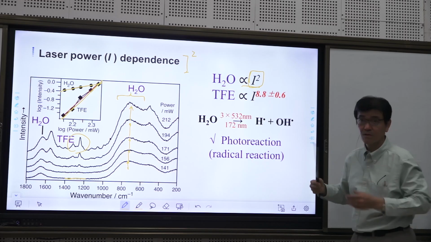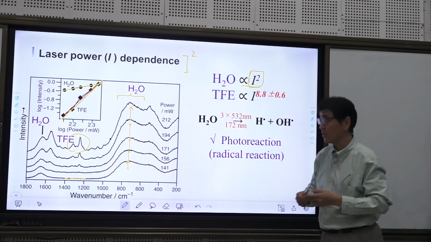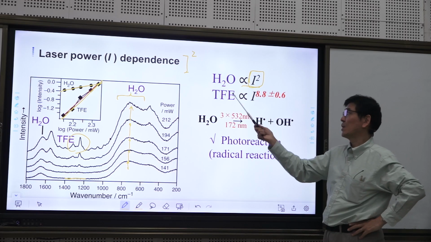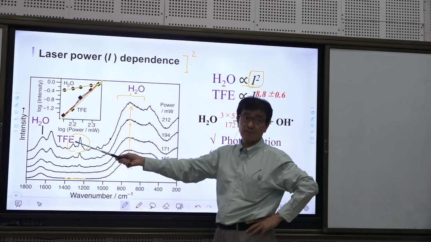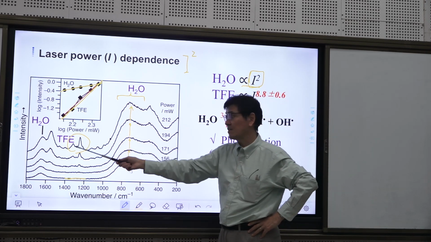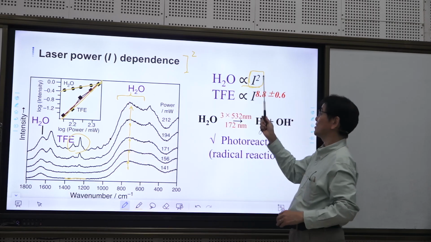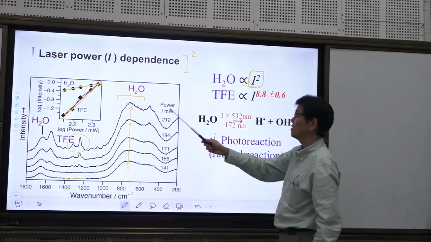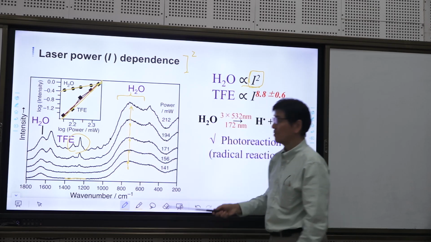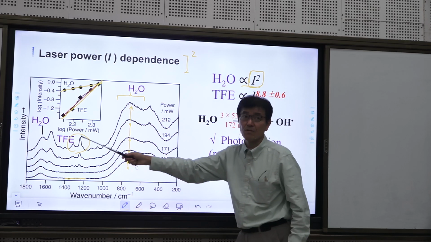From this fact, we concluded this is not the hyper-Raman signal of a stable species. If it originated from a stable species, the power dependence should be quadratic, but it is quite different. So this must be the result of a photoreaction.